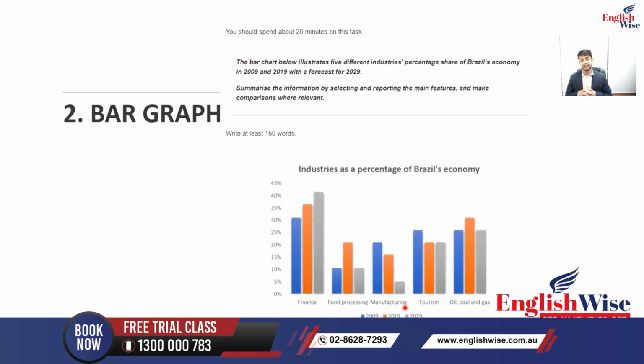The next kind of graph that can come to you could be a bar chart. The bar chart can come to you with x-axis having data and y-axis having numbers of the data. Again, check the amount of entities you have been given. For each entity, you have a certain amount of value given or represented in the x-axis. When you represent or write your answer, you have to talk about particular entities only.